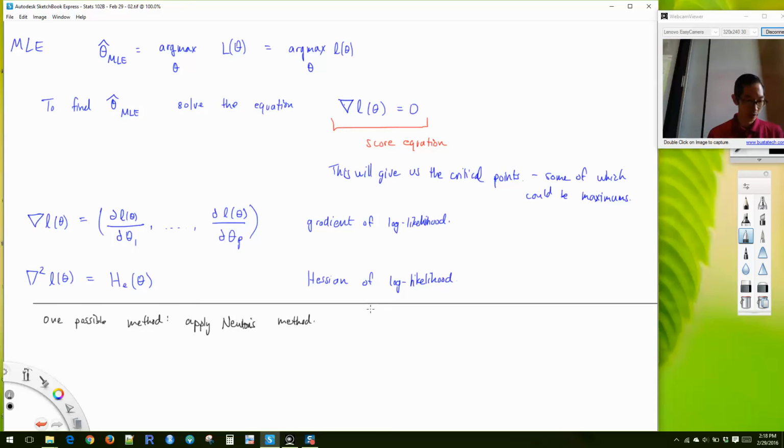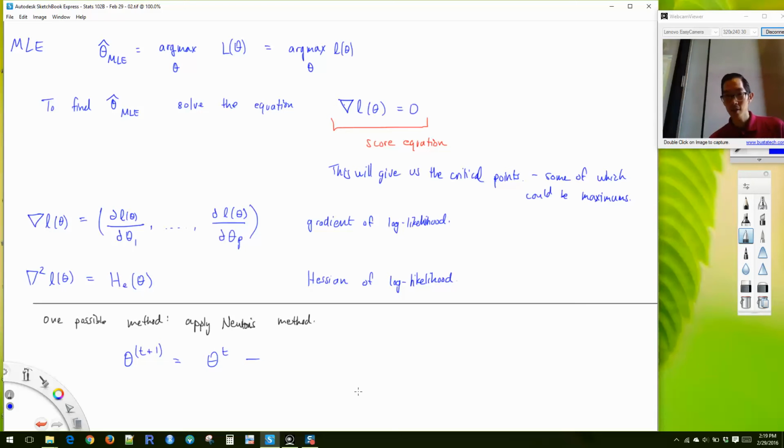Newton's method. Do you guys remember Newton's method? We would say our estimates at the next iteration, at time t plus 1, of theta: we take our current estimates of theta at time t, and what do we subtract off?